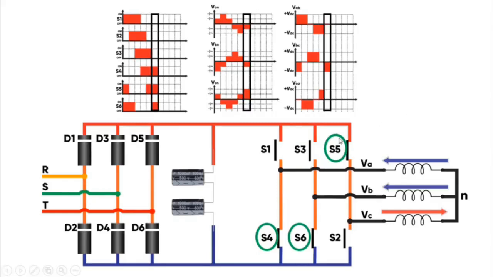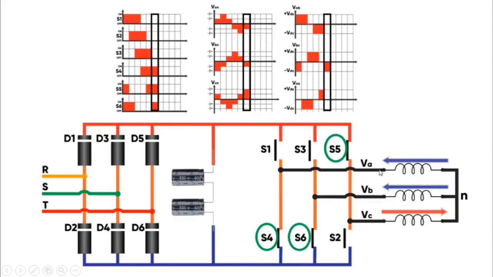In the next state, S5, S4, and S6 are closed. The other switches are open. Again, we can say that since S5 is closed here, and S4 and S6 are also closed, a potential difference is actually created between these 2 points. Its value becomes 2/3 of VDC.